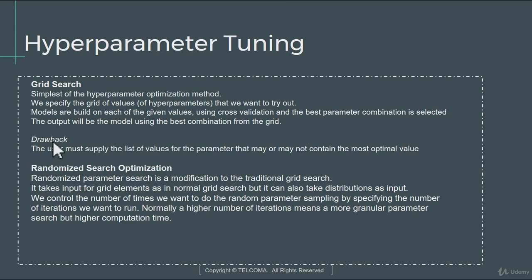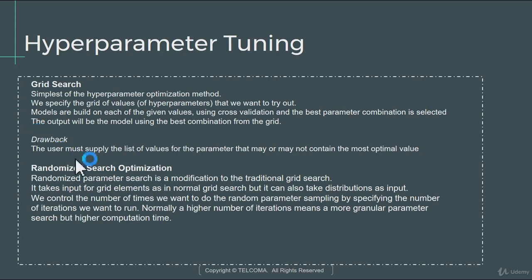If you supply a list of candidate values for that hyperparameter, and if unfortunately that candidate list misses out on the most optimal value, then the algorithm will never be able to build the best model. It will only take the values available within that grid. It will never choose the best one.